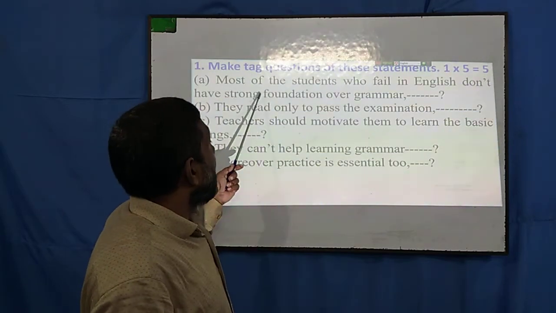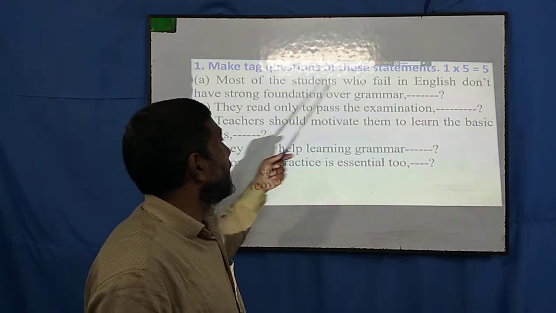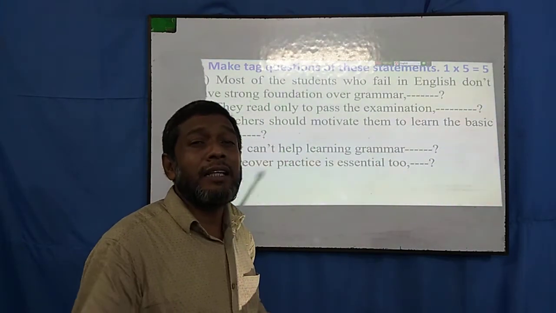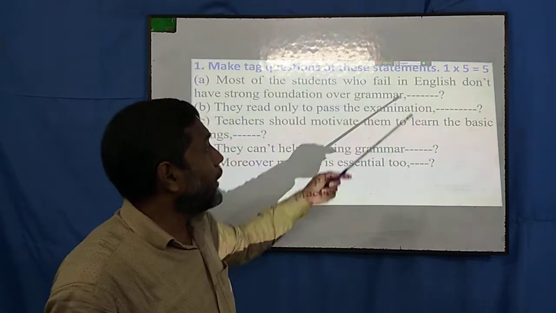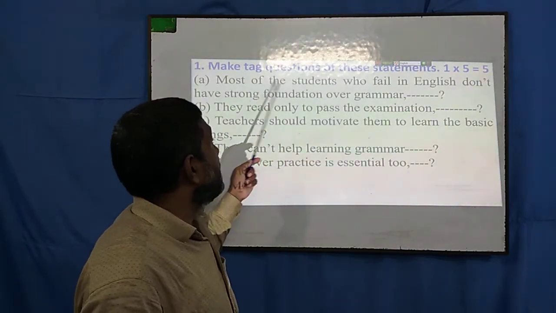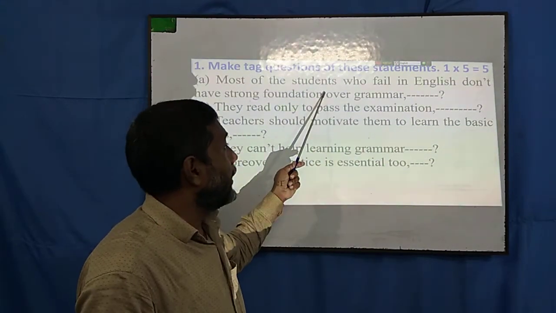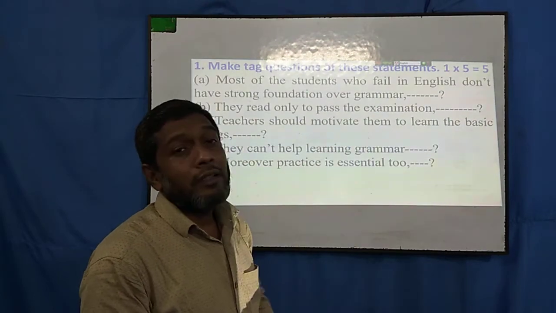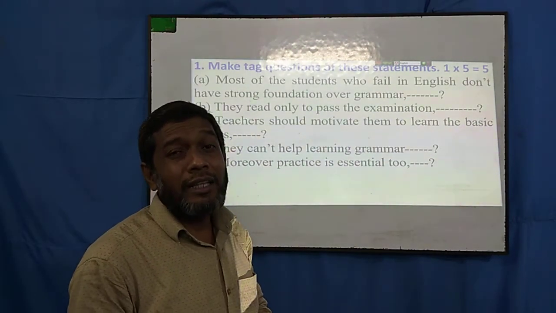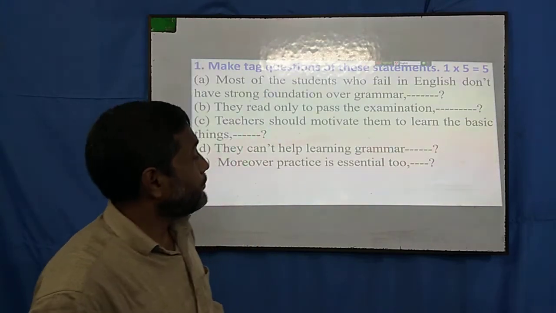And if the auxiliary verb in the statement is in affirmative form, we have to make the tag negative. But if the auxiliary verb in the statement is negative, I have to make the auxiliary verb in the tag affirmative. So we just have to do the opposite.